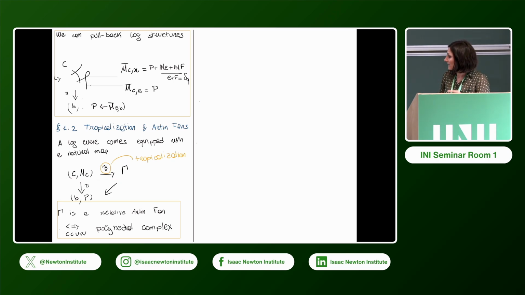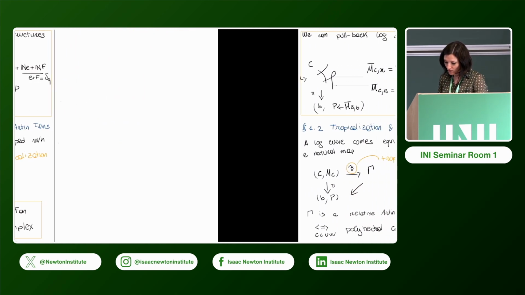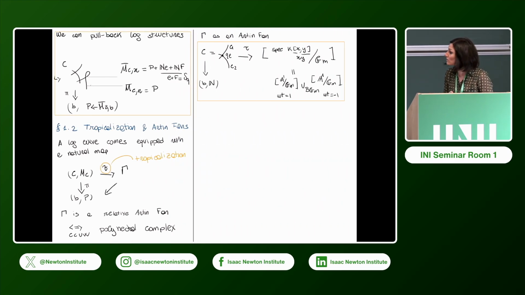And I'm going to define it in the example of the easiest logarithmic curve, and that's really the only thing one needs to understand, because that is the local description, and all the rest is just done by gluing. So the easiest logarithmic curve is the one where I have just two components, and the base, the log structure of the base, is just given by the monoid N. And this algebraic stack I want to map to, that I keep saying is really a combinatorial object, is something super simple.